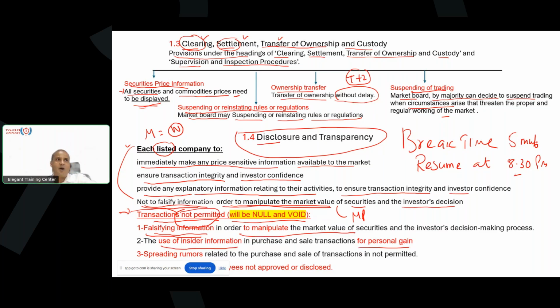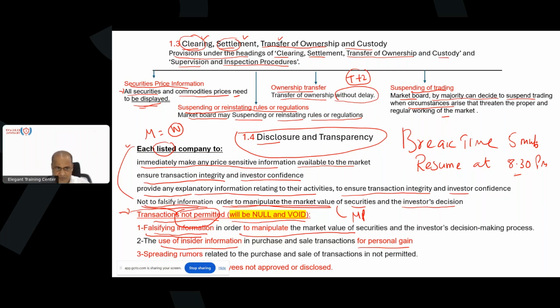You are a company employee, and tomorrow morning the company is going to declare information to the market. Before that, you call your brother, let's buy some stock. That's called insider trading. That will also be null and void if the market comes to know that this was an insider transaction.